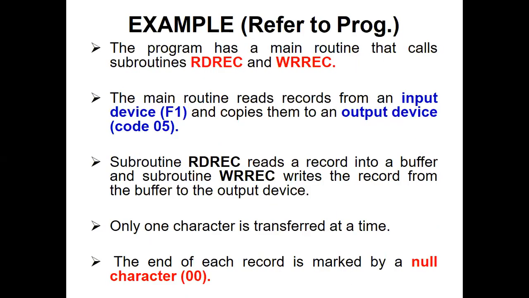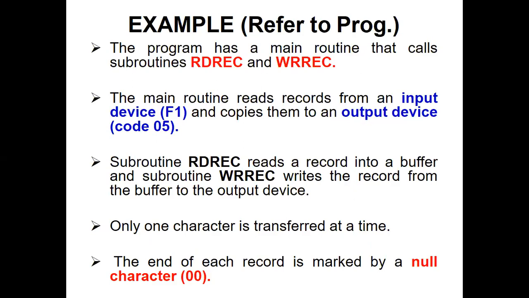That program which is going to be used as an example has a main program, and that main program will call two subroutines. When the program is running, it will get to a time when it will call a subroutine.